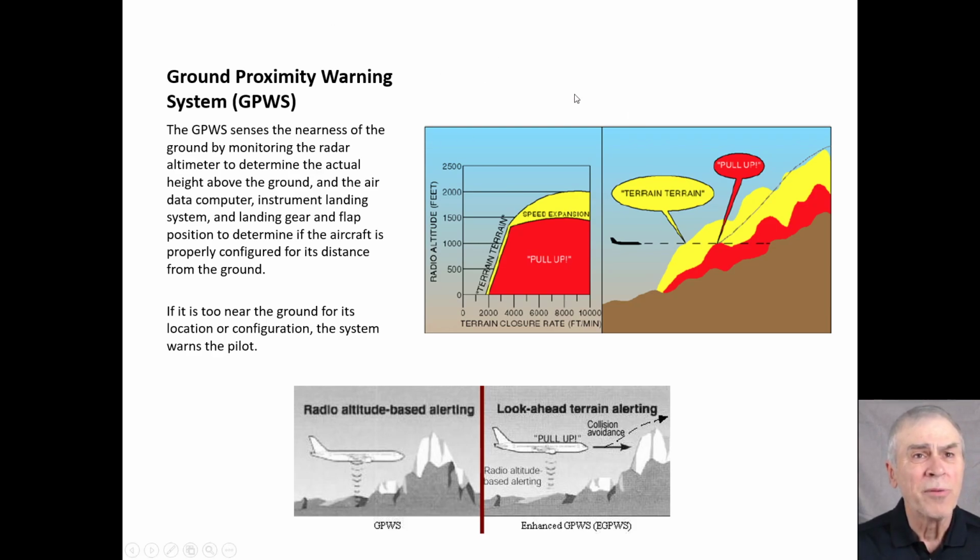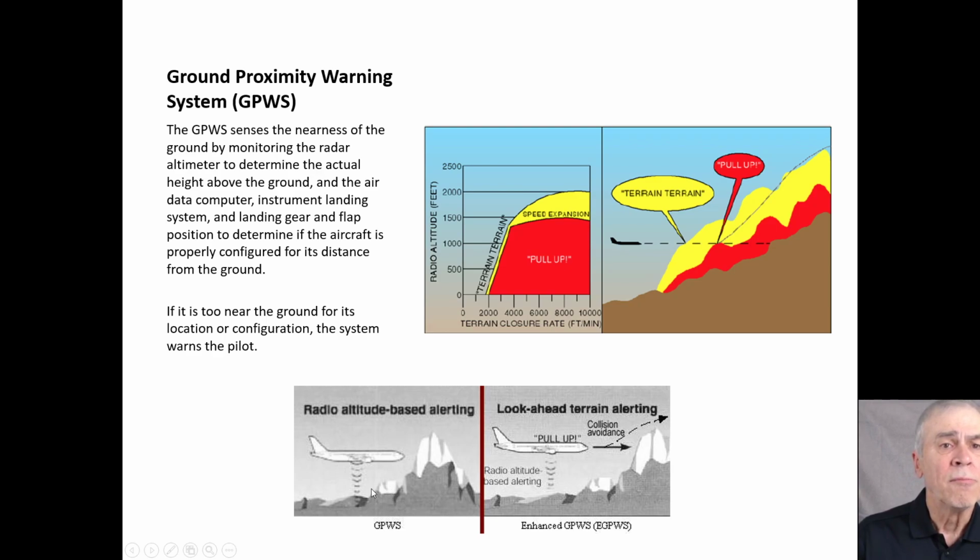GPWS, Ground Proximity Warning System. It's basically a radio signal that goes out, and as you can see with the bottom illustrations, there's two types, standard and then enhanced.